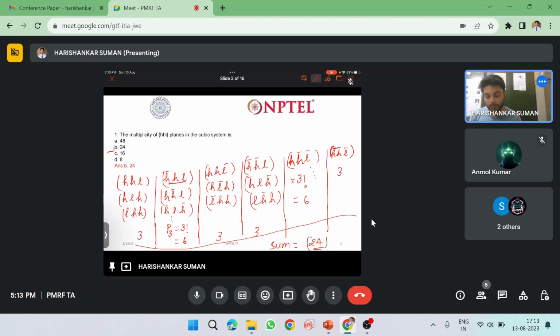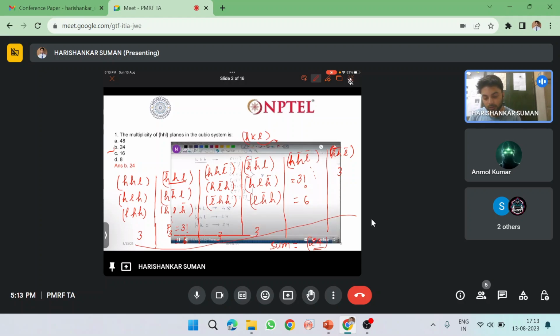Sir, if it would have been an HKL plane, then would it have been 48? Yeah, HKL. Generally, sir, as already discussed, HKL is 48, HHL is 24, HK0 is 24.